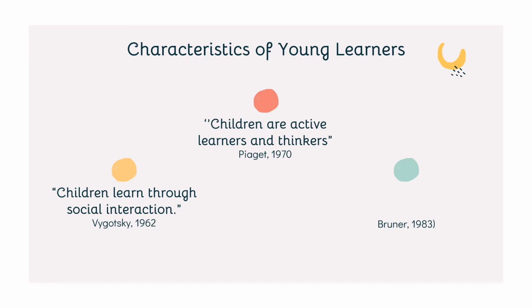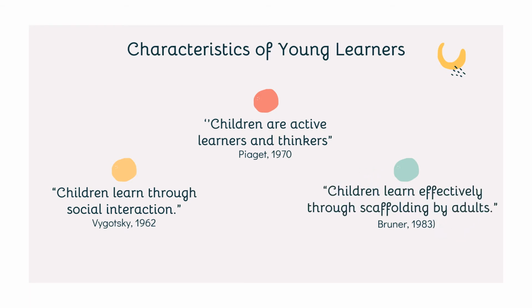Later, if you are becoming a teacher, you have to make variety in your teaching and learning process. Since they like playing, they like stories, they like to give ideas, sharing their experiences. The children like it. And then from Bruner in 1983, sorry, children learn effectively through scaffolding by adults.